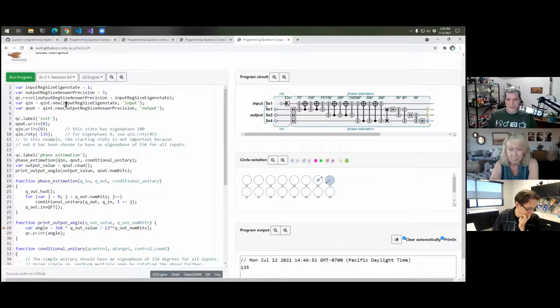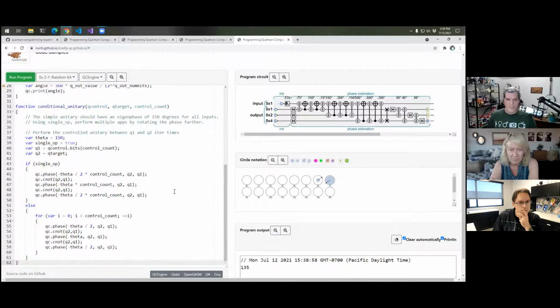And let me just rerun this. So again, this is the refactored version. And what it does is it basically ignores the input state. So even though we're setting the -135 on our input, that gets ignored because the conditional unitary is set up so that it always spits out 150 degrees.